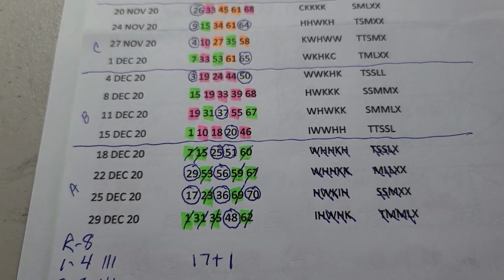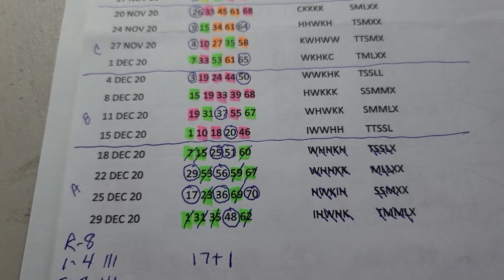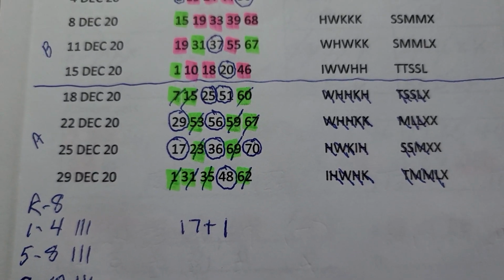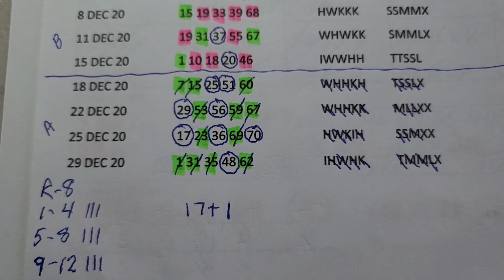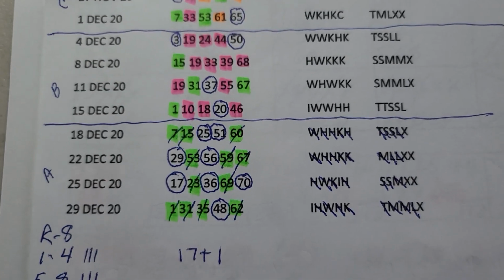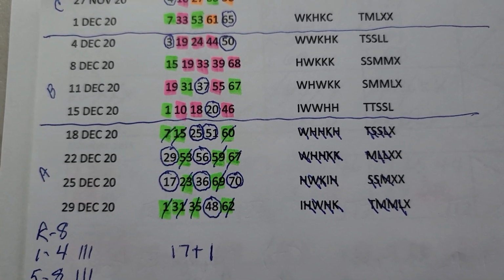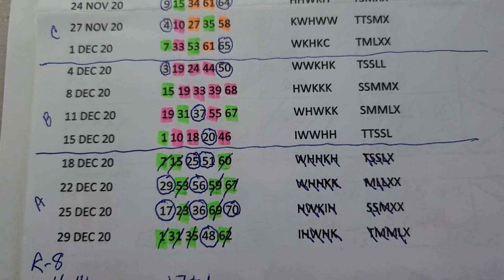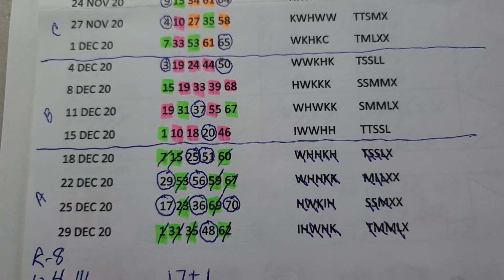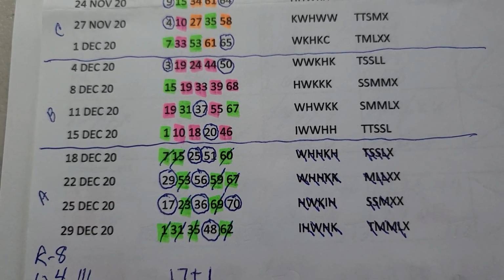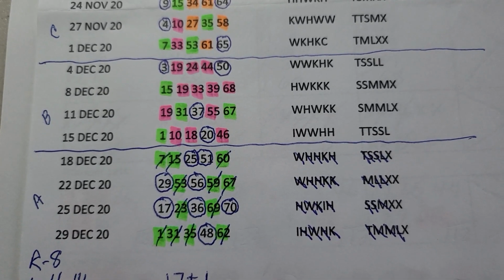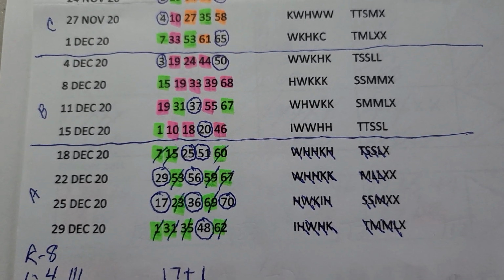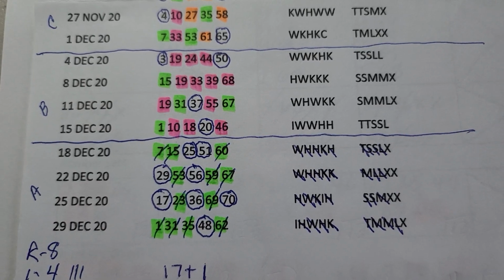And so what I want to do is take a look at what numbers appeared the last 4 times. One of the things that you're going to notice when you start playing the lottery is that the lottery numbers have a tendency to repeat. And the Powerball seems to be more repeating than the other games.